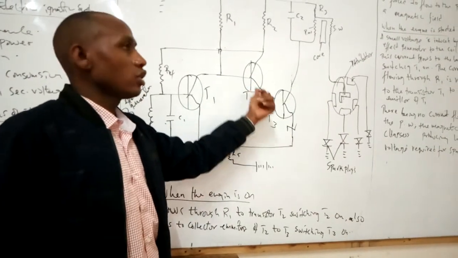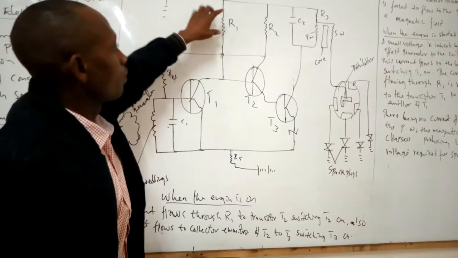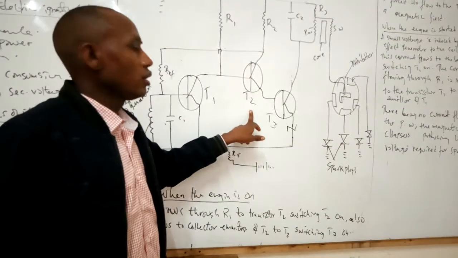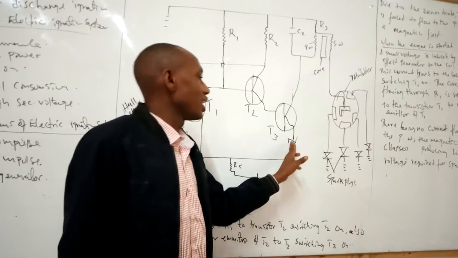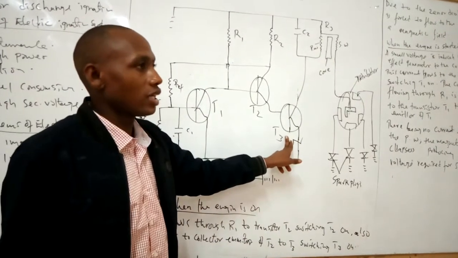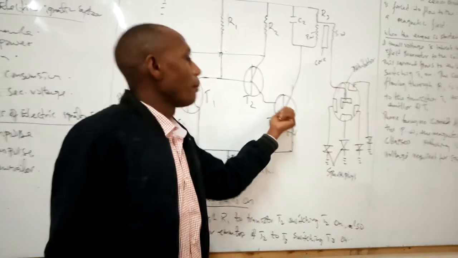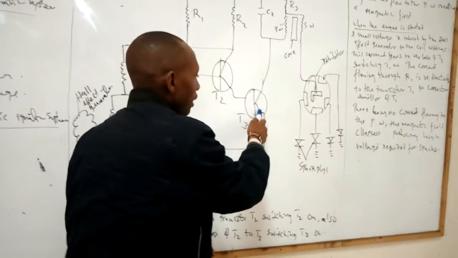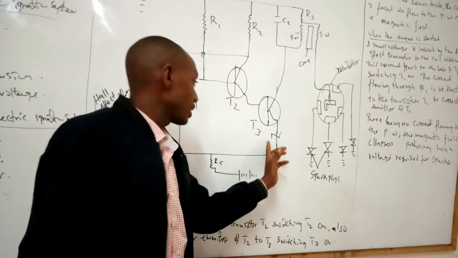Now, this transistor is supposed to emit the current through the collector emitter.